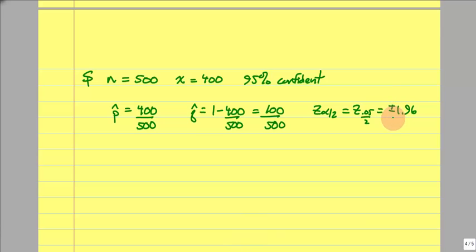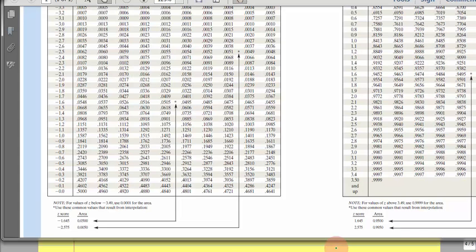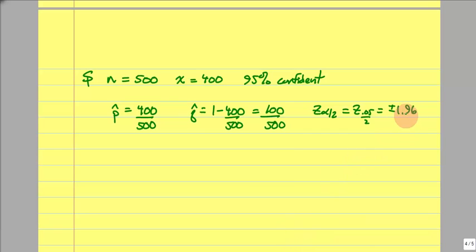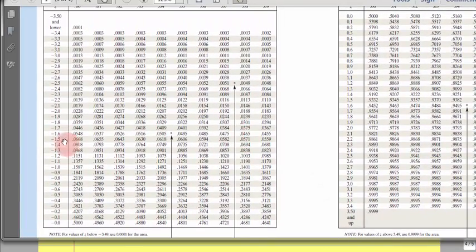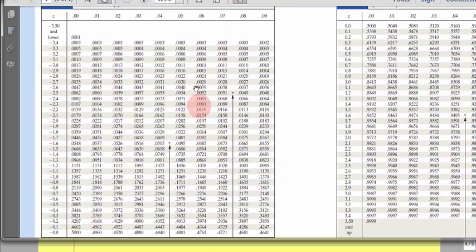So that's, whoops, I did that wrong. My confidence factor then is, I'm 95% confident, so 0.05 divided by 2 is 0.025. I was looking up the wrong value. So 0.025 would be plus or minus 1.96. There it is. So 1.96.